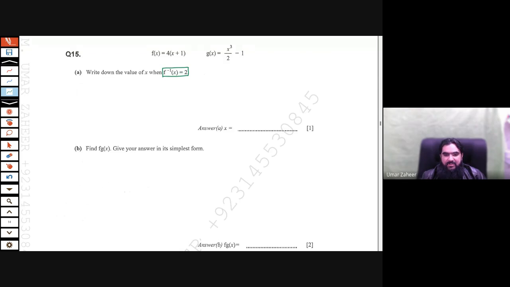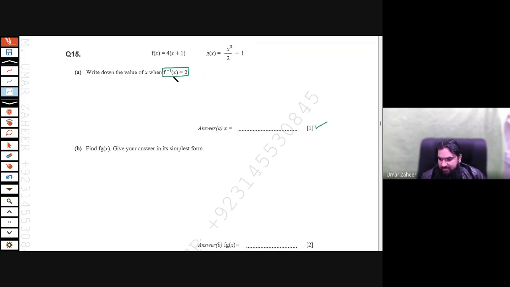In these types of questions, look at the marks: just 1 mark. It means that we definitely don't do it this way. We find the inverse, then take it equal to 2, and you will get an equation and you need to solve it.